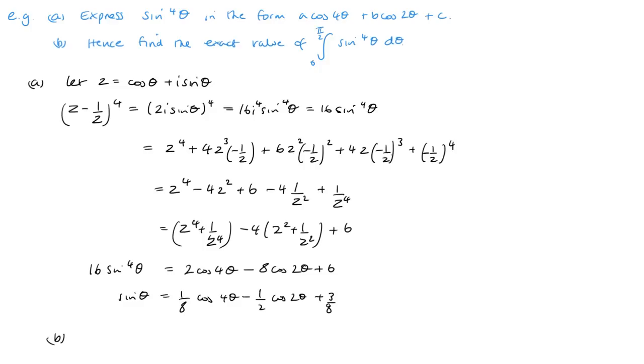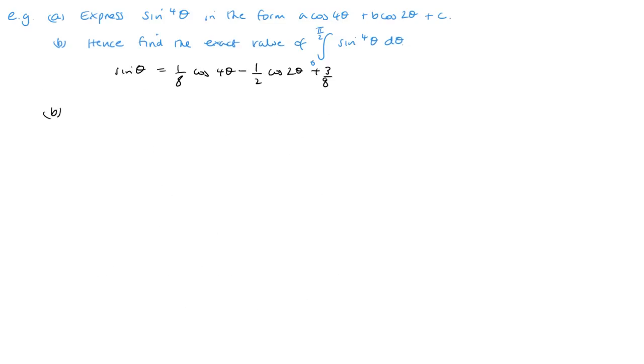Okay, now let's move on to part B. So we're integrating between pi by 2 and 0 of sine to the power 4 theta d theta. So this is between pi by 2 and 0 of 1 over 8 cos 4 theta minus 1 over 2 cos 2 theta plus 3 over 8 d theta.